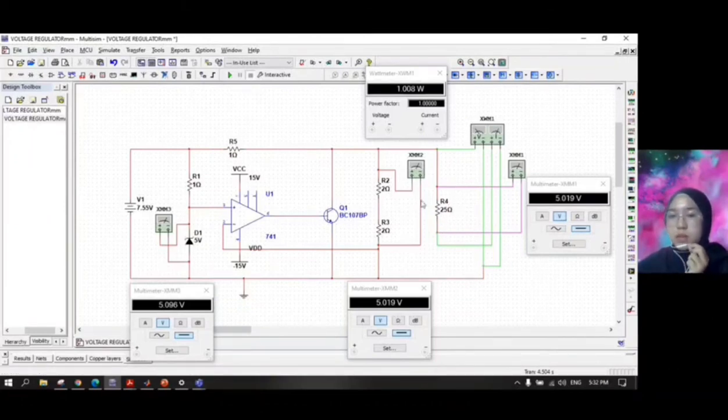Essentially, the load is operated with a resistor in series with the voltage source and the shunt regulator in parallel with the load. So after we run, we can get the output. For the R load, which is voltage output, we get 5 volt, and for the power output, we get 1.008 watt.